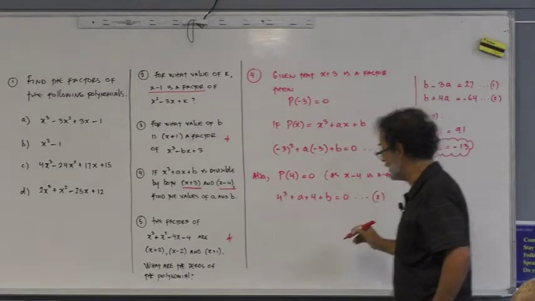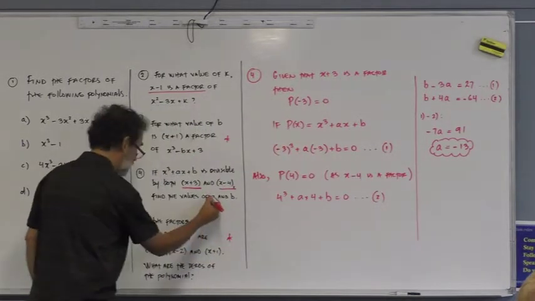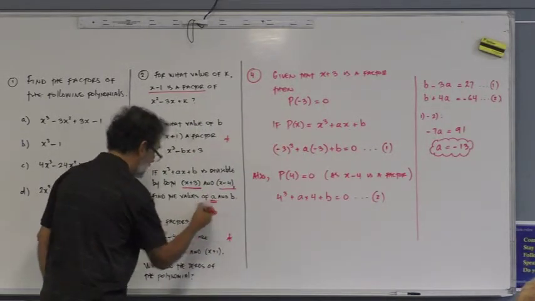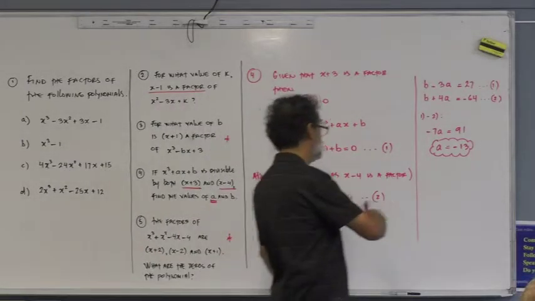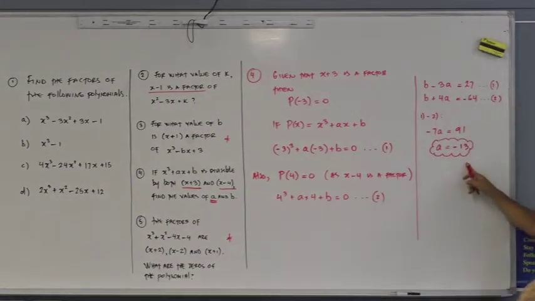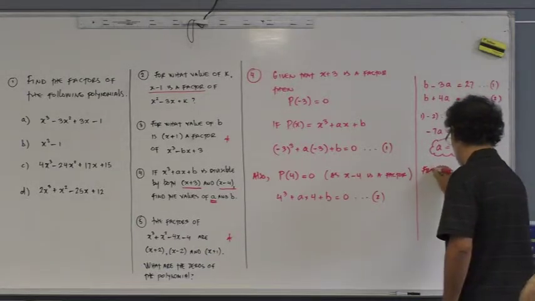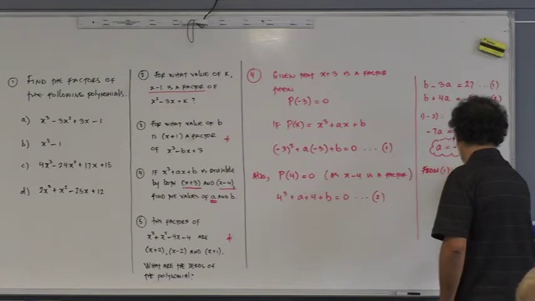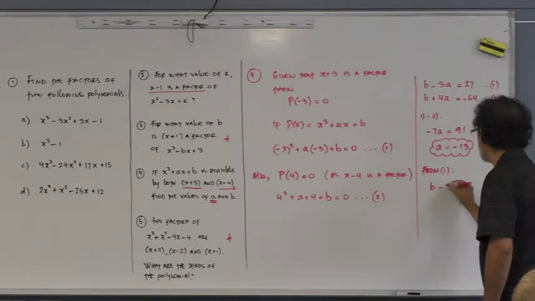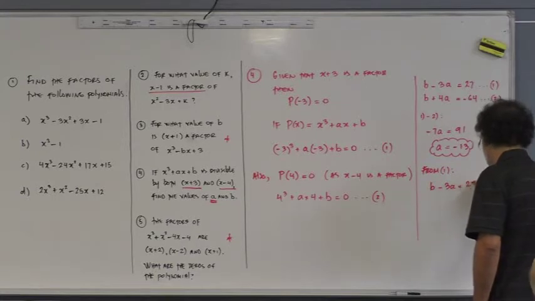Okay, so we already know that a is equal to that. So we're done with a. And then find b. To find b is easy, because all we have to do is substitute this number into equation 1 or equation 2. It doesn't matter. Okay, Sarah, which one do you want to pick? 1 or 2? 1. Okay, so from 1, we have that b minus 3a is equal to 27.